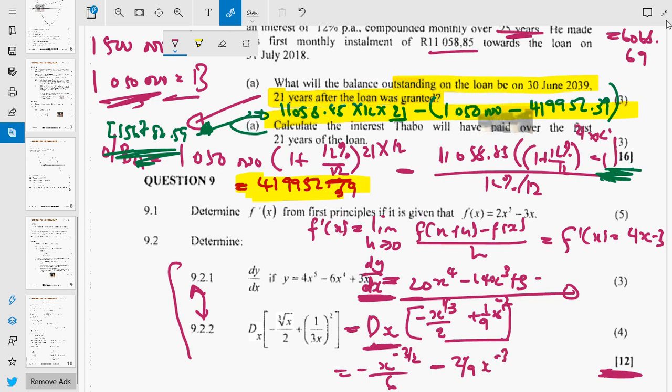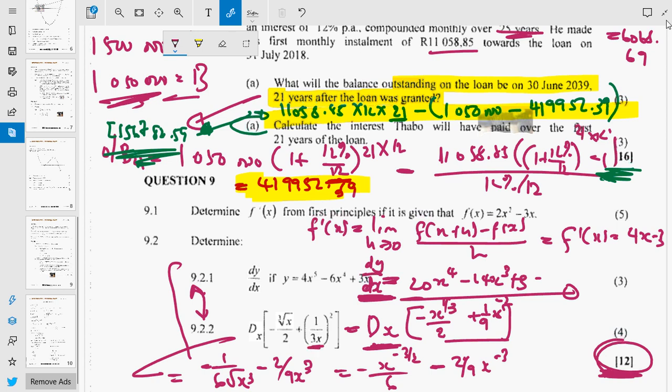Okay, you can simplify your answer if you want: minus 1 over 6 the square root of x cubed, minus 2 over 9x cubed. So nothing major here. You're just using rules of differentiation.